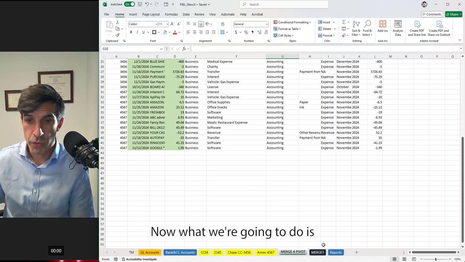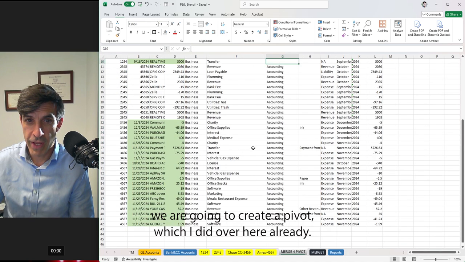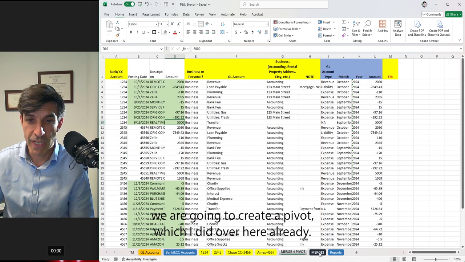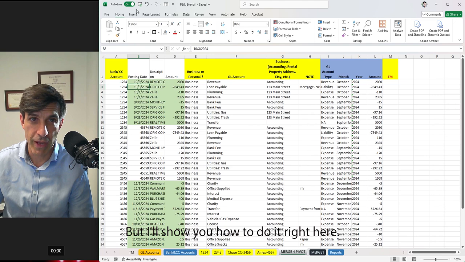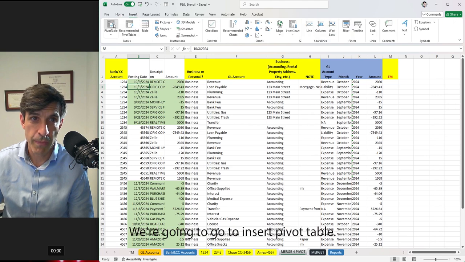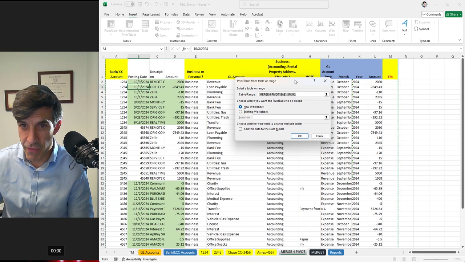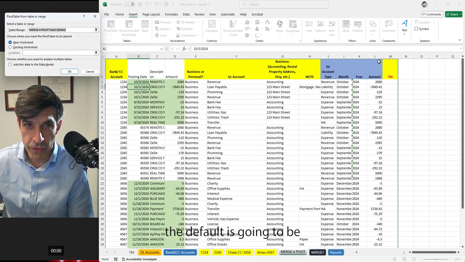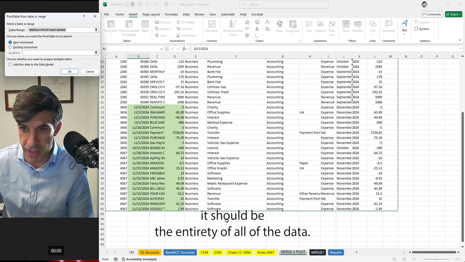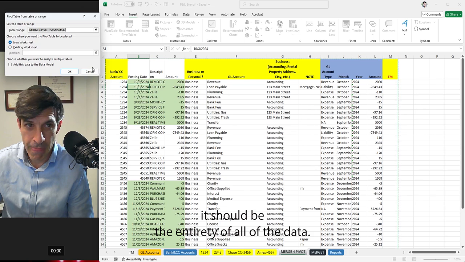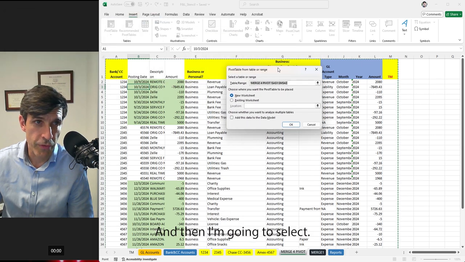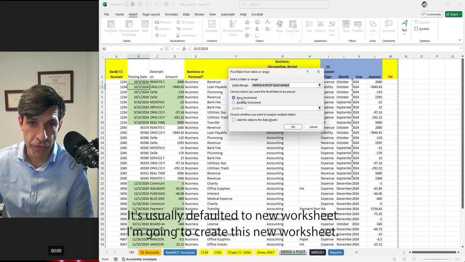Now what we are going to do is create a pivot, which I did over here already, but I'll show you how to do it right here. We're going to go to insert pivot table. Now you'll see that the default should be the entirety of all of the data, and it's usually defaulted to new worksheet.